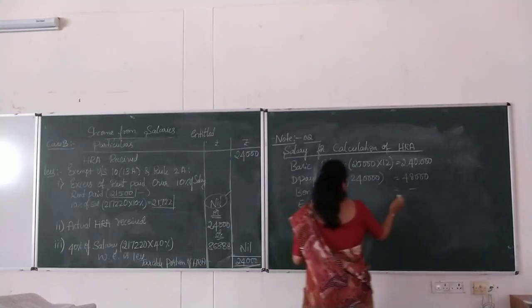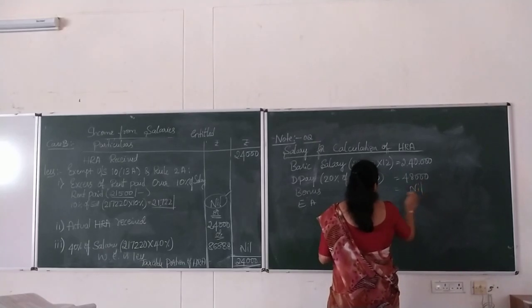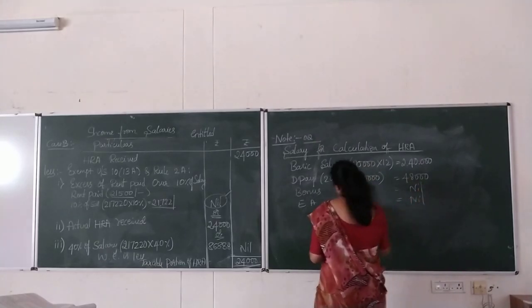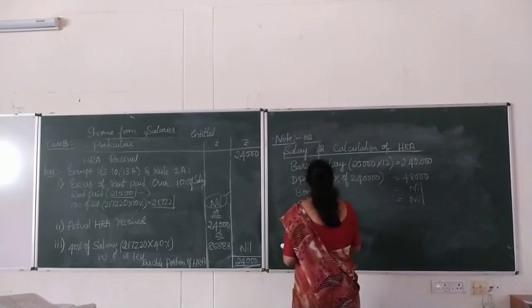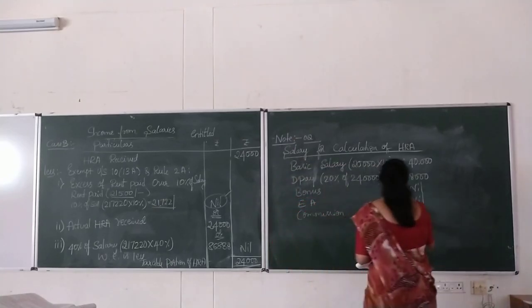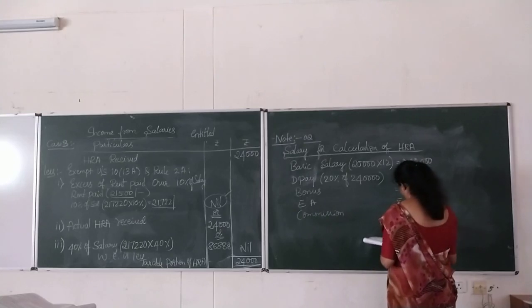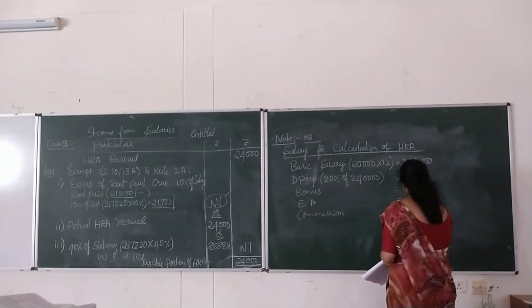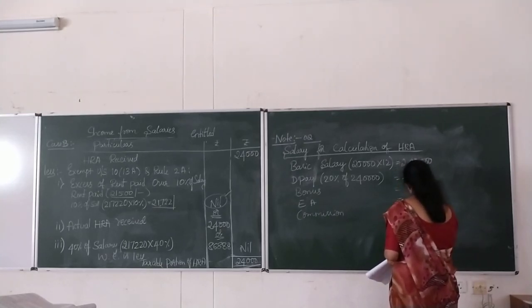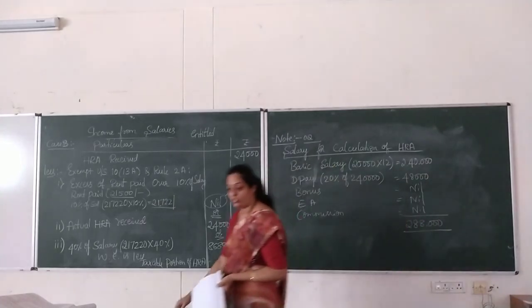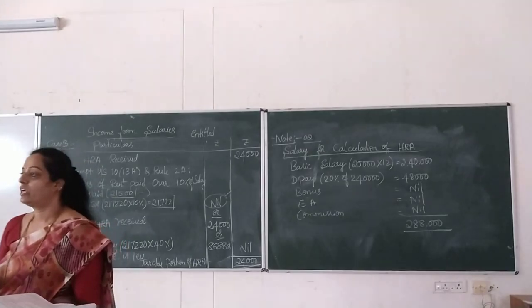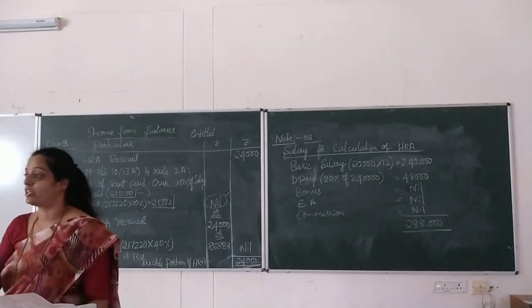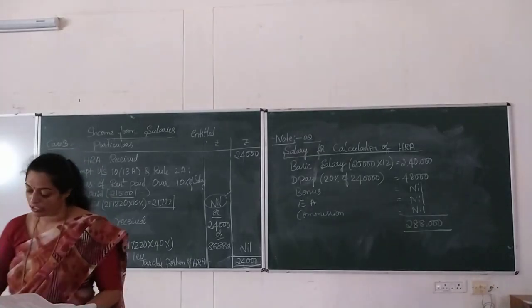Entertainment allowance nil. Commission also nil, because based on turnover they have not given, so nil. So total salary is 2,88,000. If they have given commission with turnover we should take it. If they have not given anything we should not take it.